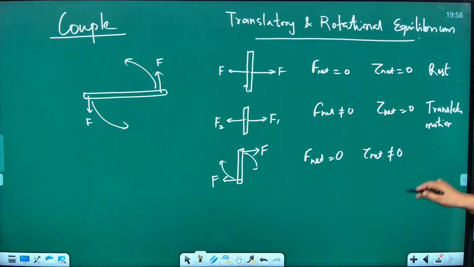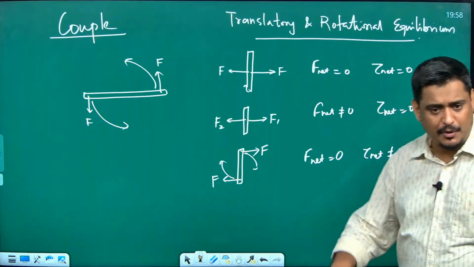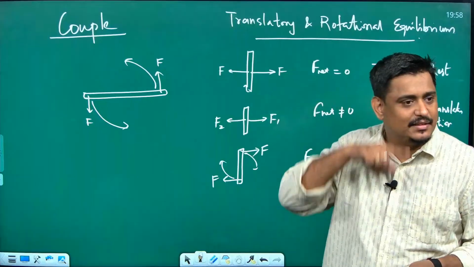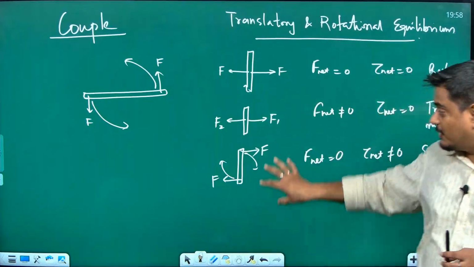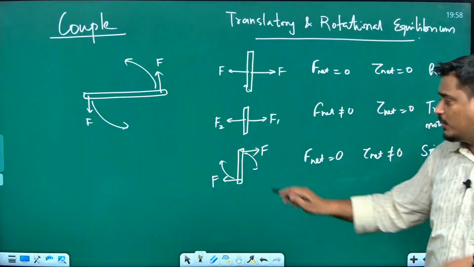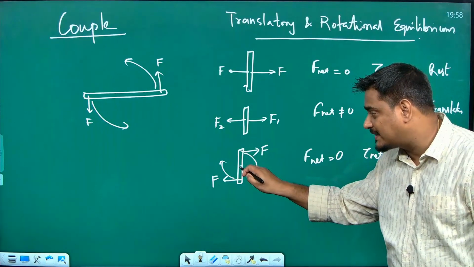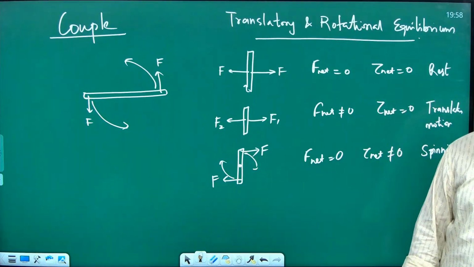The body will have a rotational motion, our body will start spinning. Can I say like that? Are you getting a point? It starts spinning like this. Why is it spinning? Because these two forces are making it spin about a particular axis. I hope you agree with me.